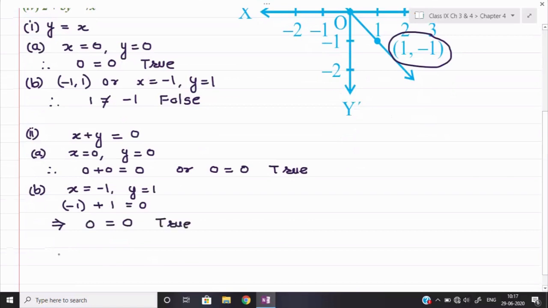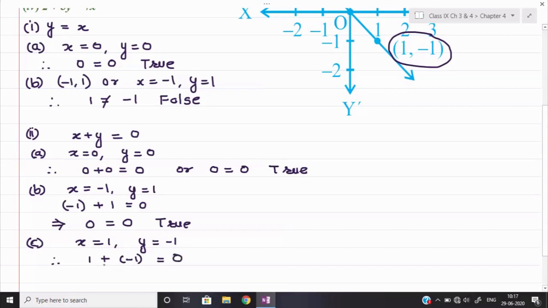Now let us check the final point. Point number third, that is the value of x is equal to plus 1 and the value of y is equal to minus 1. Therefore, I am keeping x as 1 and y as minus 1, which will be equal to 0.